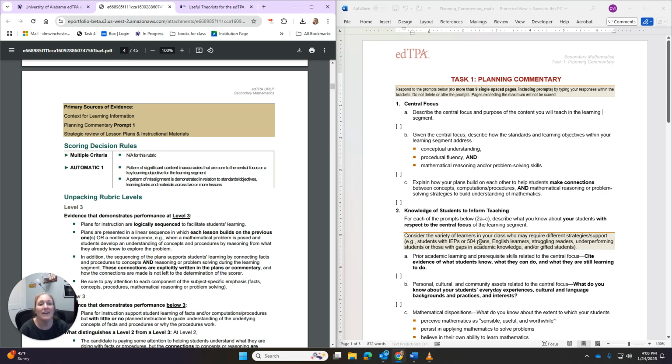That should be in every single prompt that you write. Always circle back to how it aligns with that learning objective.